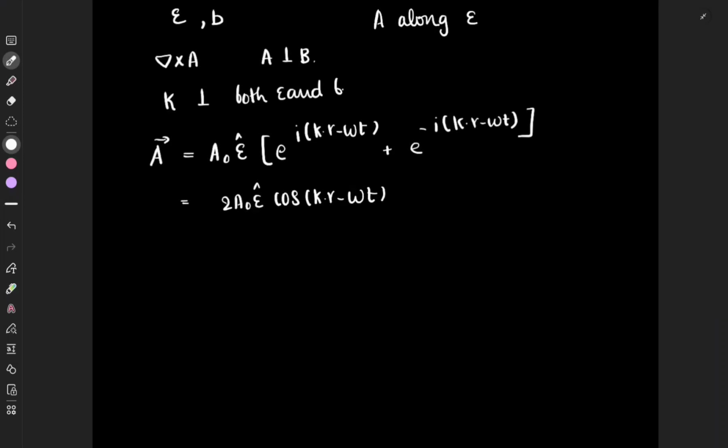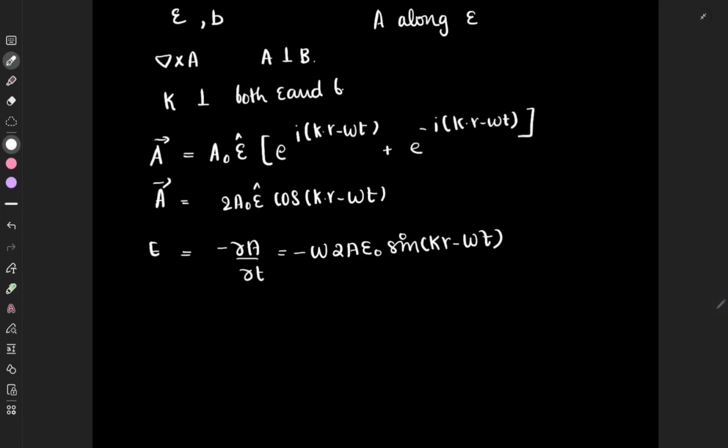Now that we have A, using the Coulomb gauge we can find E to be equal to minus dA by dt. The derivative of cos is minus sine, so the minus becomes plus, and there's a 2: 2 A naught epsilon naught sine (k dot r minus omega t), multiplied by minus omega.